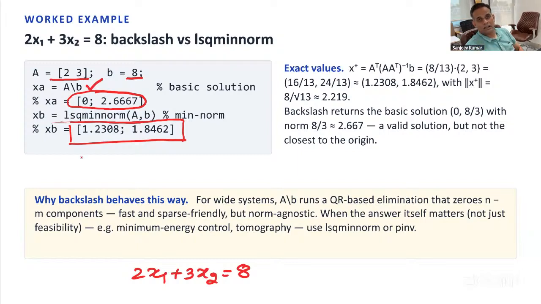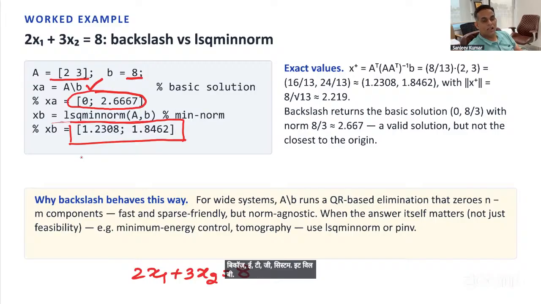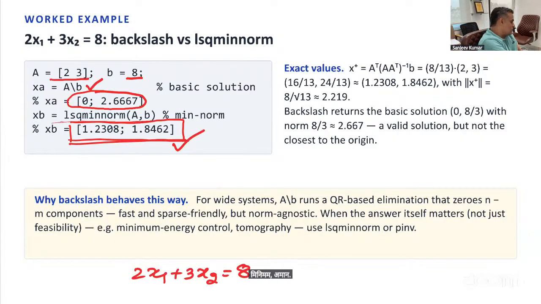Because it is an underdetermined system, it has infinitely many solutions. So what is the difference between these two solutions? This one is the minimum norm solution. The norm of this vector is minimum among all the vectors that satisfy this equation. However, the backslash answer is a sparse solution.